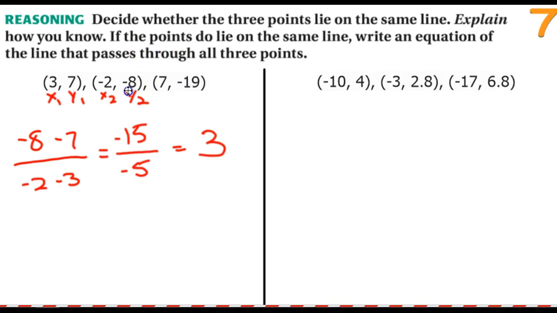Now I'm going to pick 2 more points. Since this already has x1 and y1, I'm just going to make this one x2 and y2. So instead of these numbers, I'm going to use these numbers now.